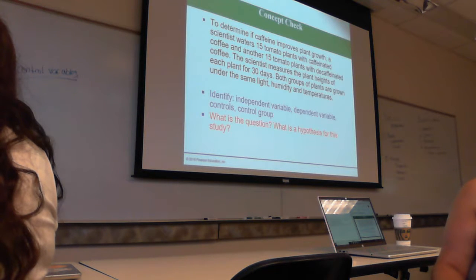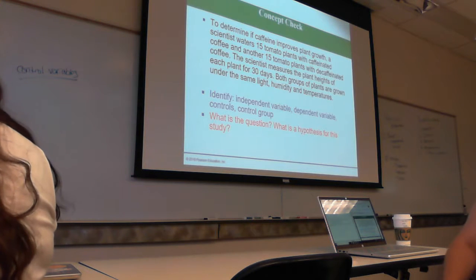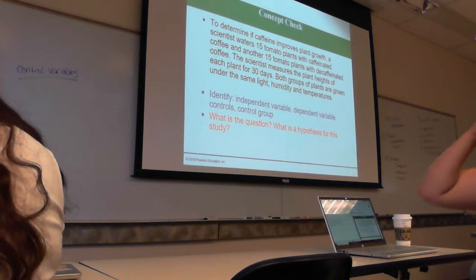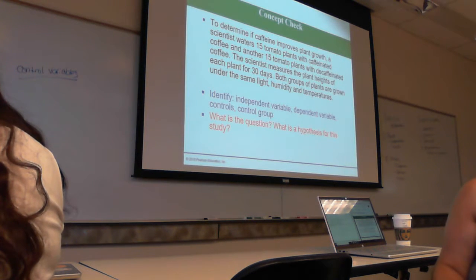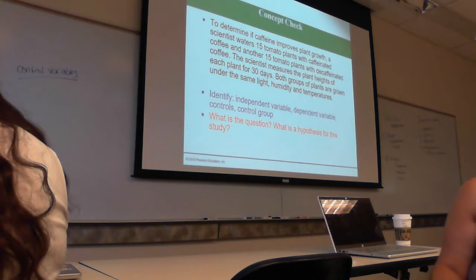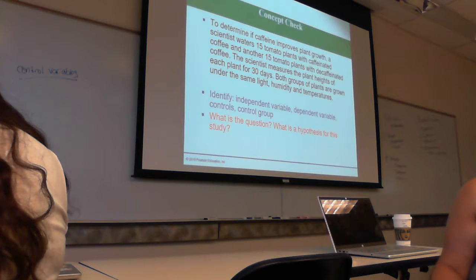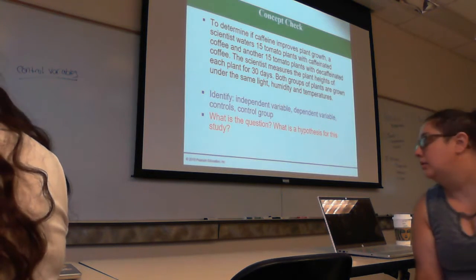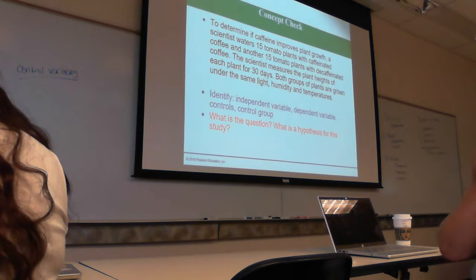Growth. And how are we measuring that in this example? Height. Okay, say we're measuring it in meters, so we would have 0 to, I don't know, 100 or whatever. So height, and we will go over this more, but you always want to have a unit and you want to be specific. So height in meters would be our dependent variable.